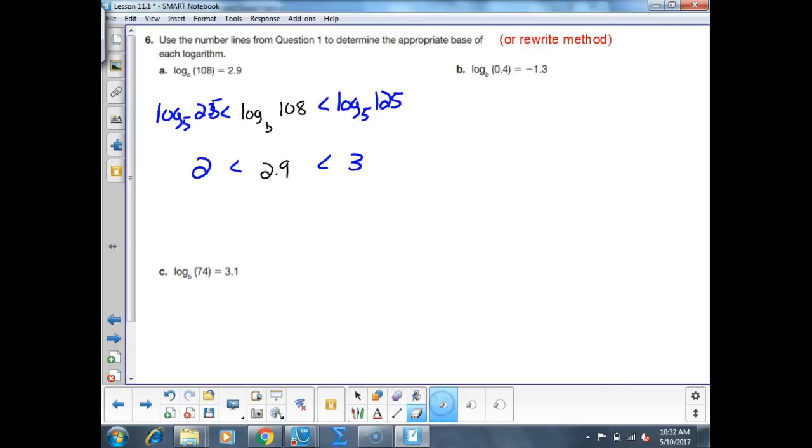Erase that. That looks goofy. And that falls in that range, right? And it's pretty accurate because 108 is a lot closer to 125 than it is to 25. And 2.9 is a lot closer to 3. So I would go with a base here of 5.